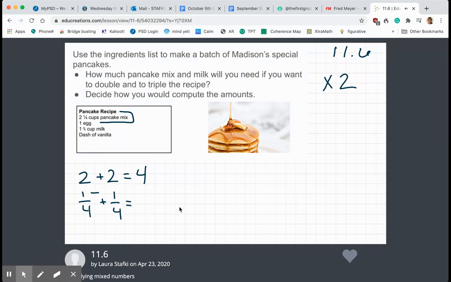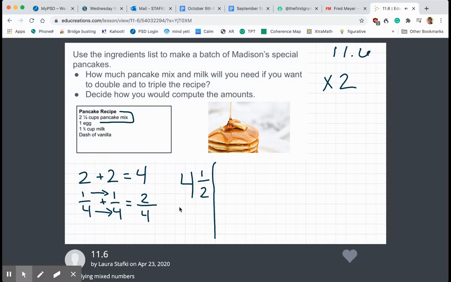When I'm adding my fractions, I'm going to add my numerators, and if I have a common denominator, my common denominator just stays the same. So my answer of how much pancake mix I would need is 4 cups and 2/4, which is equivalent to 1/2. So 4.5 cups.